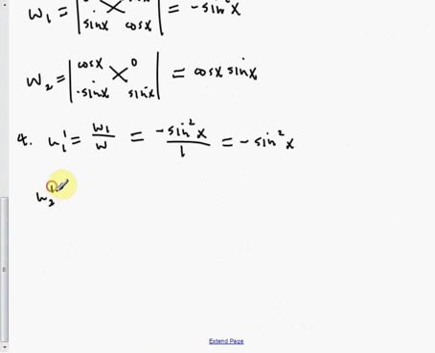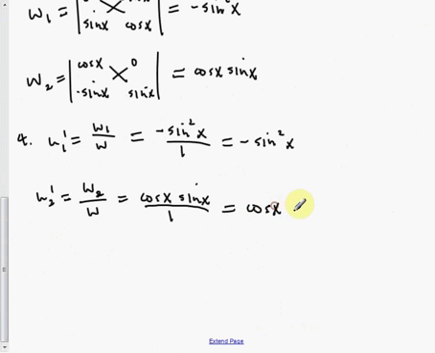U sub 2 prime is W sub 2 divided by W. So this is cosine x times sine x divided by 1, it's just cosine x sine x. Step 5 says to integrate.